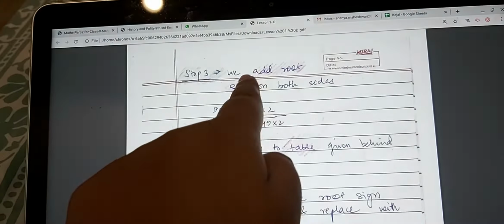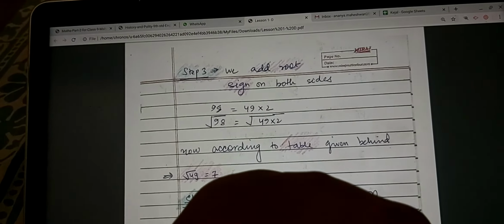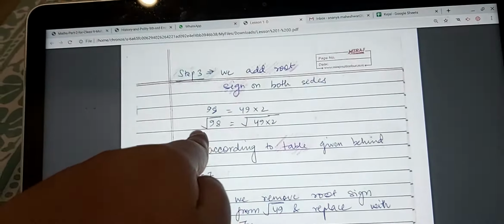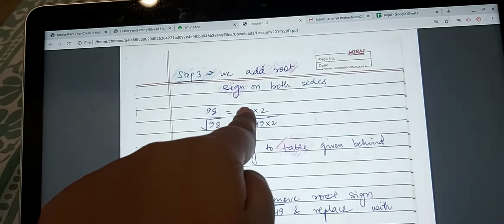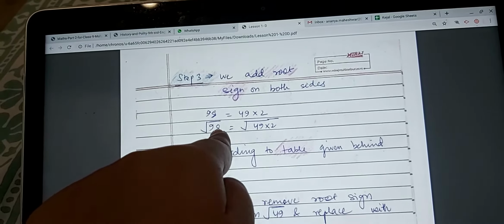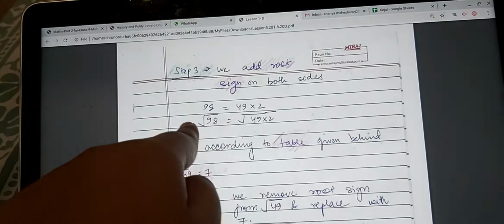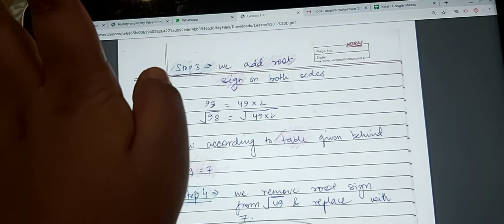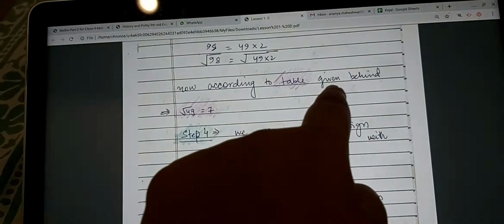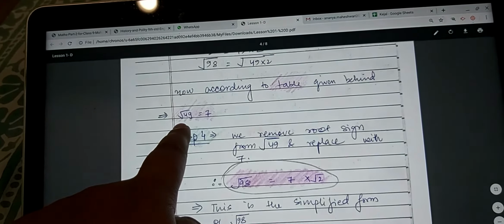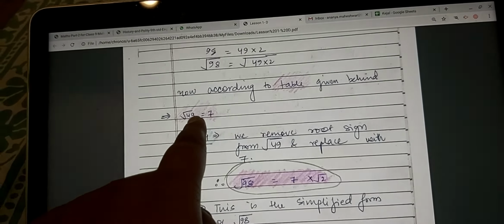Step 3. We add the root sign on both the sides. Okay, 98 is equal to 49 into 2, I will put the square root on it. Square root of 98 is equal to square root of 49 into 2. I have added the root sign on both sides. Now according to the given table I know that square root of 49 is 7, right? 7 into 7 is 49.